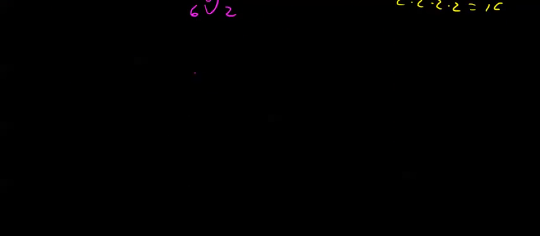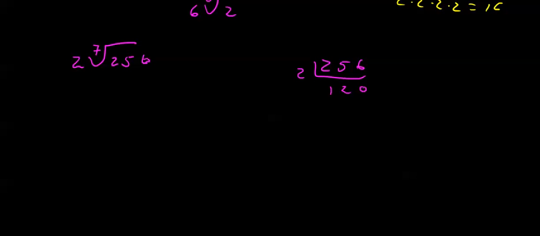The 7th root of 256. 2 times the 7th root of 256. Oops, that's a 6. So I take 256 and I start dividing by 2. 128.